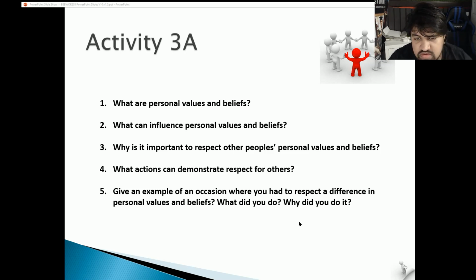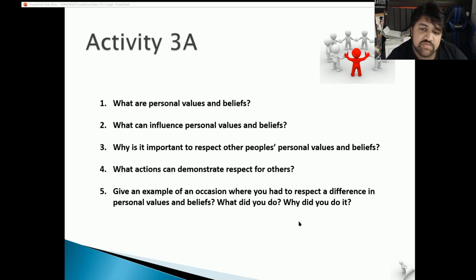Essentially we're thinking about values and beliefs as how we lead our life and how we look towards the future. It could guide us in our career goals, in what we want to do with our lives, and how we look at life.